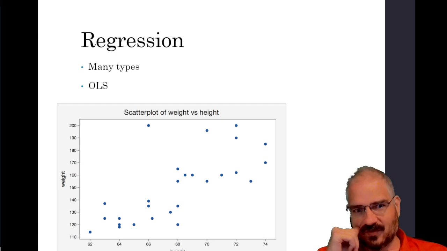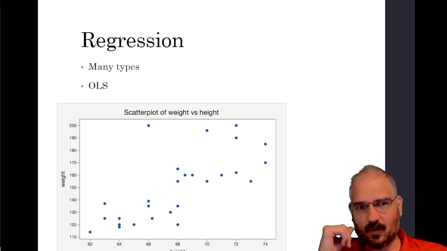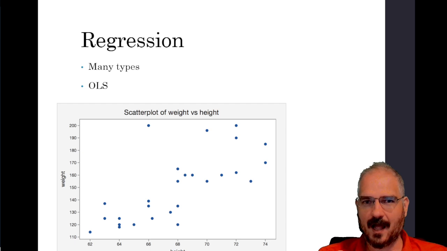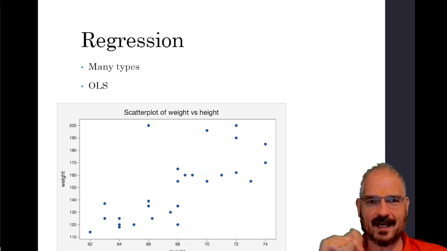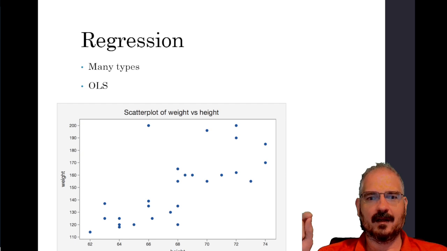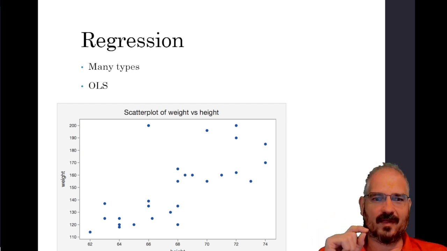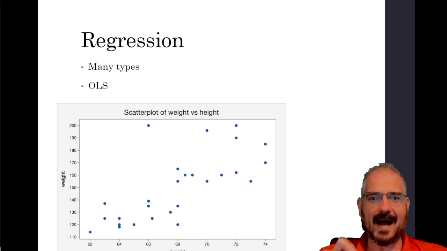But with OLS, what we want to do is draw a line, a straight line, somewhere on this scatter plot, in some orientation, but from one end to the other, where that line has the smallest combined distance between the points and the line.